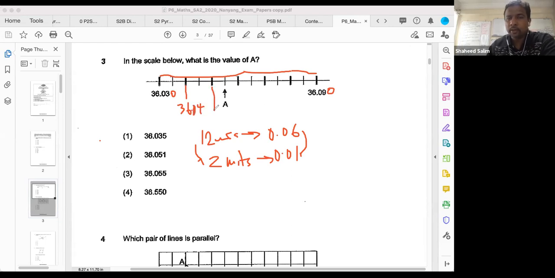This one, 36.05. 36.06. So what is in between? 36.055. Right? Between what? Down here. Can you see now? I hope you can see.